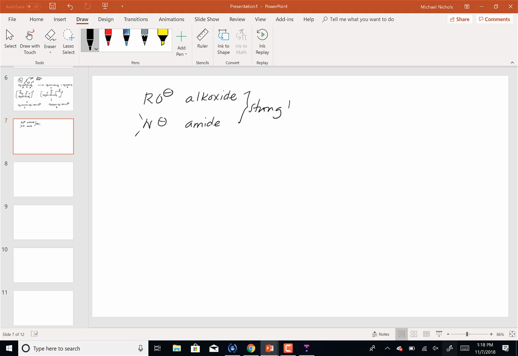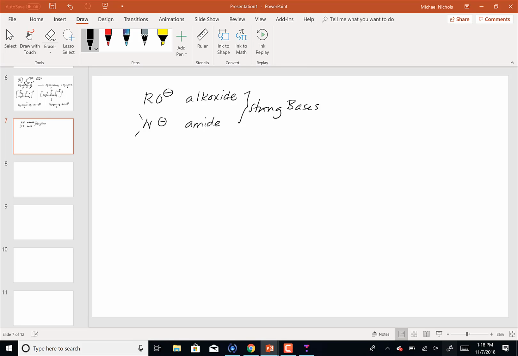But here's the problem. Strong bases are also strong nucleophiles.